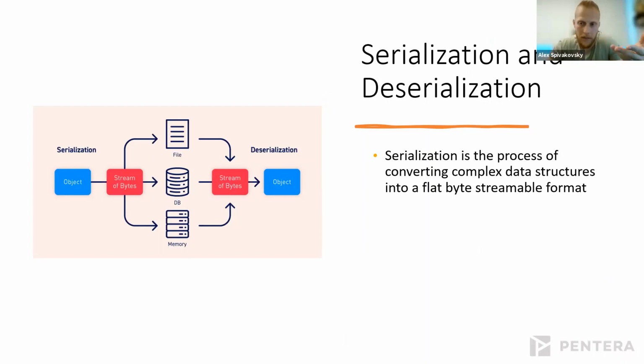In order to save this object, I want to turn it into a stream of bytes, and then I save it in a file or a database. And when I want to load this data and turn it into a Java or .NET object in memory, this is called deserialization.